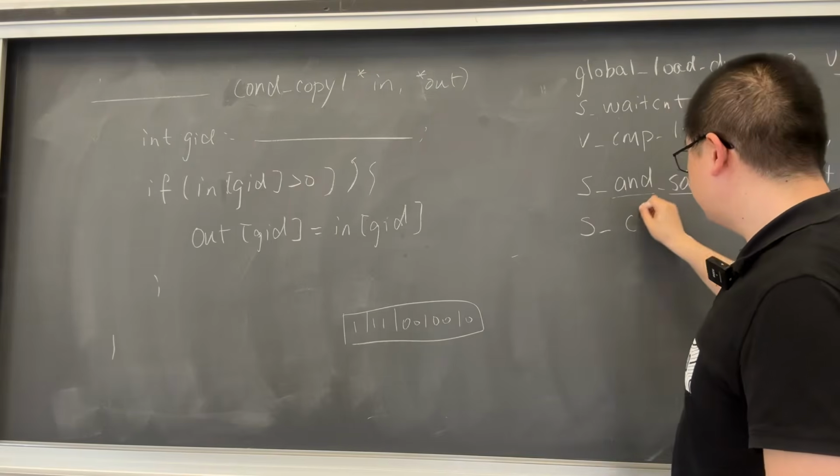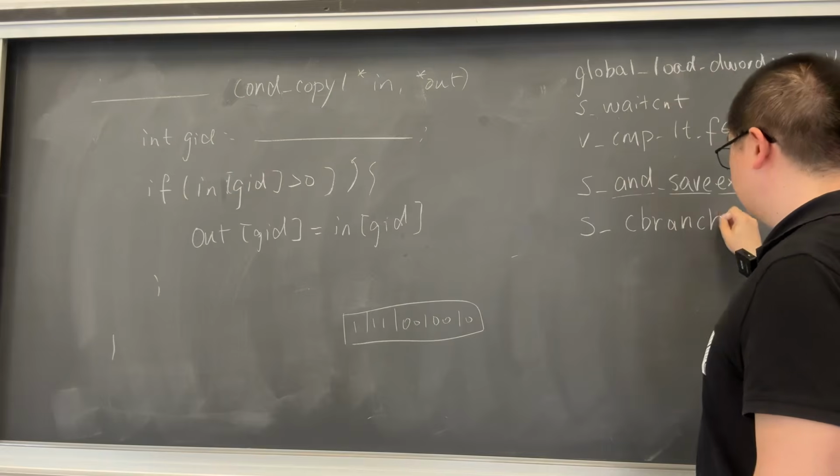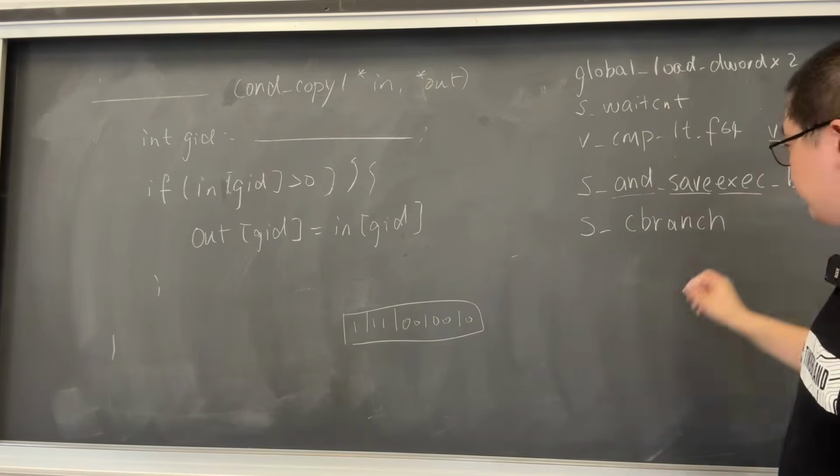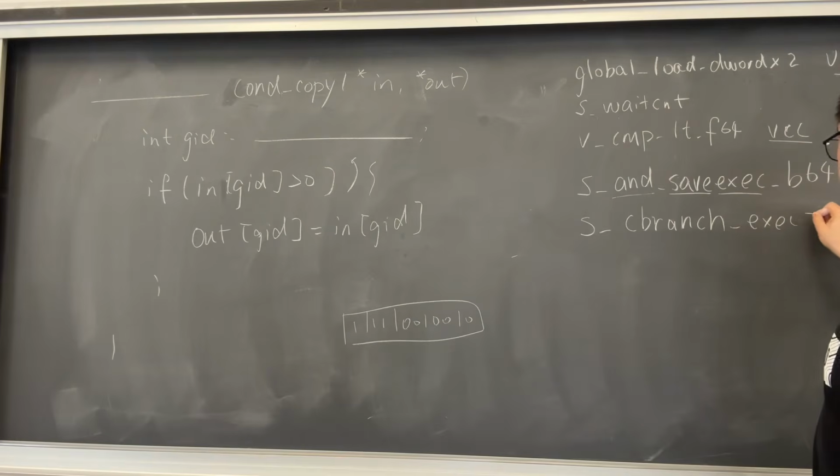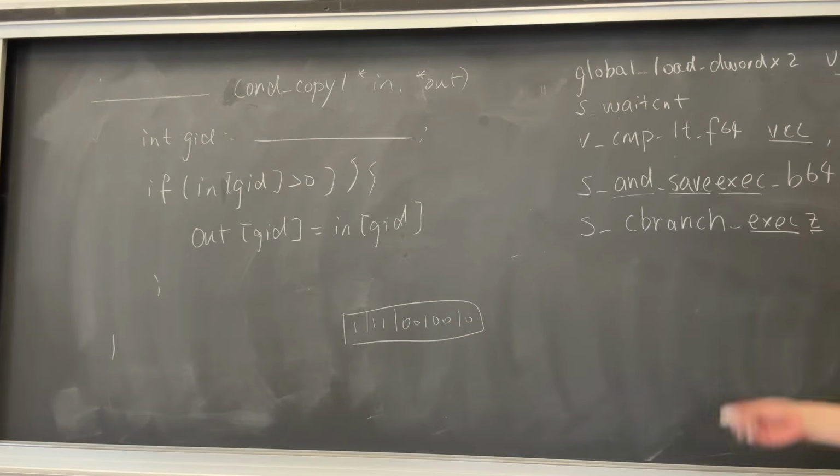It's an SC branch EXECZ. That means when the execution mask is all 0, we take this branch. There's only one operand, and this operand is BB0_2, basic block 0_2. The AMD compiler always generates this type of label, so it uses basic block labeling. We'll write the label later.